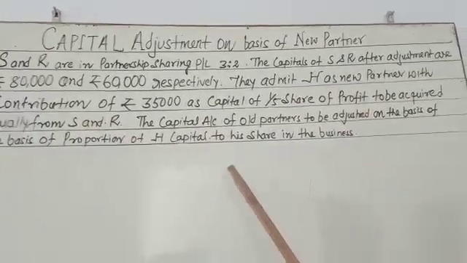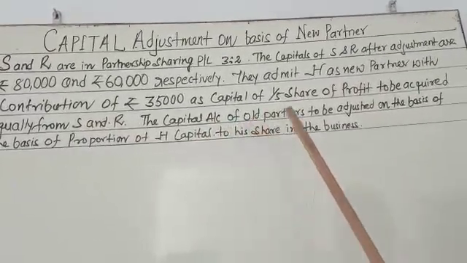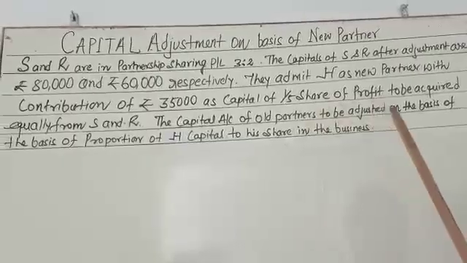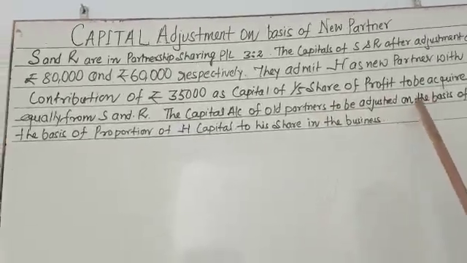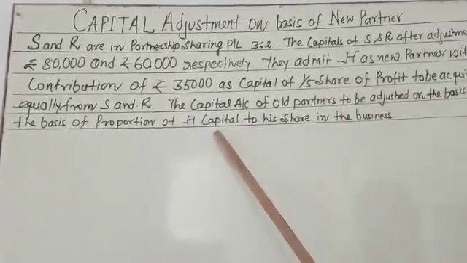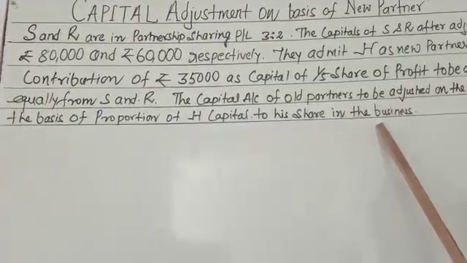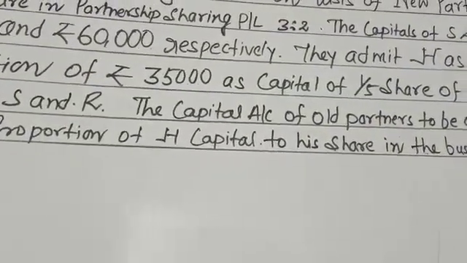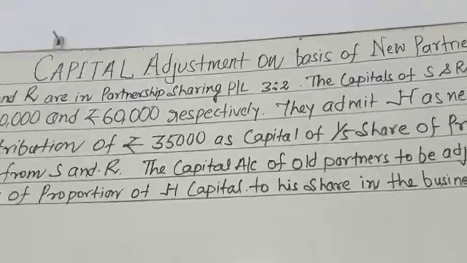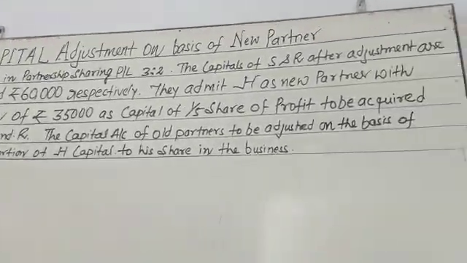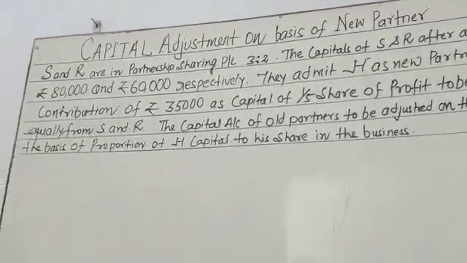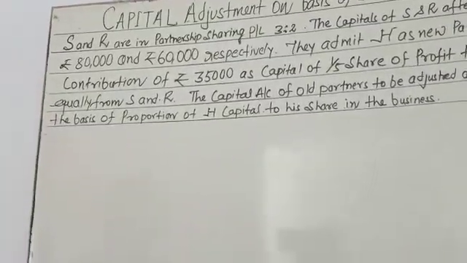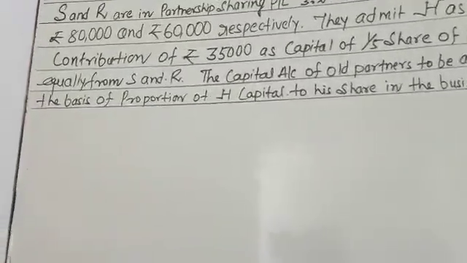Now, the old partners' capital is going to be adjusted on the basis of H's capital and his share in the business. My dear student, how do we calculate the total capital of the new firm?